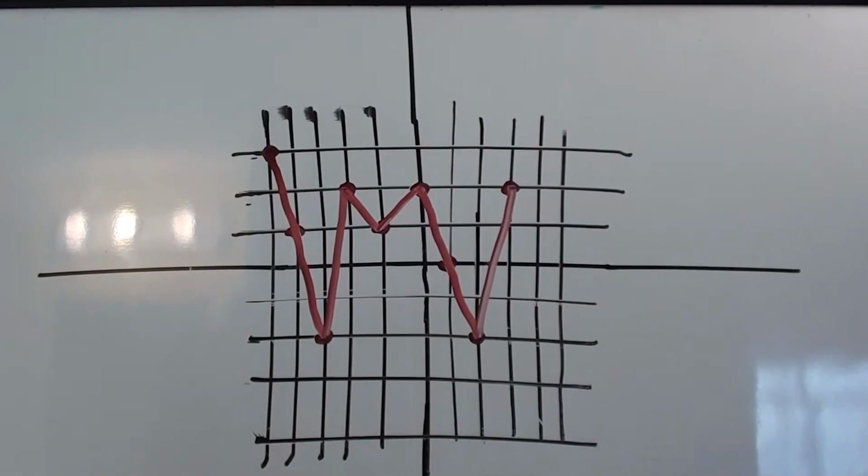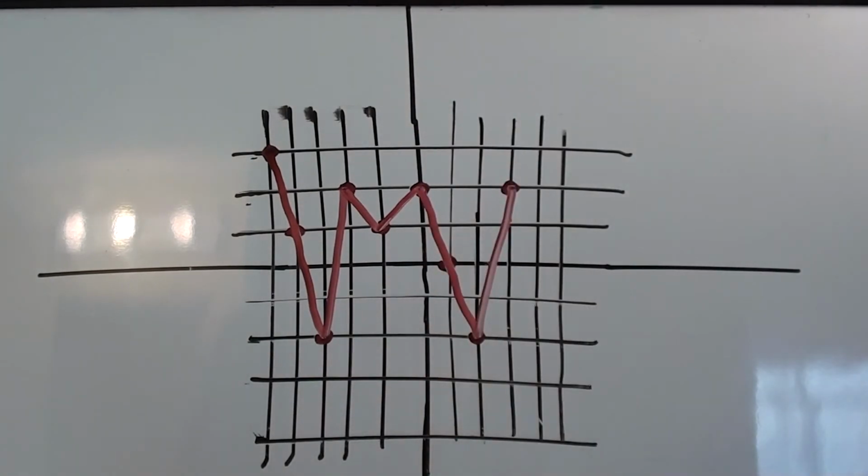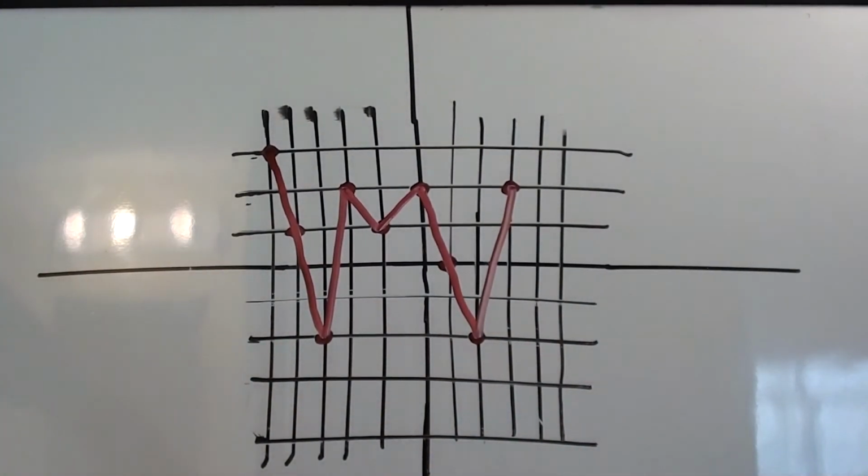Alright, I made us a new graph, and we're now going to look at the set notation for the range. Now we're going to call it y, okay? Because we're going to need to call it something if we're going to do a set notation, okay?